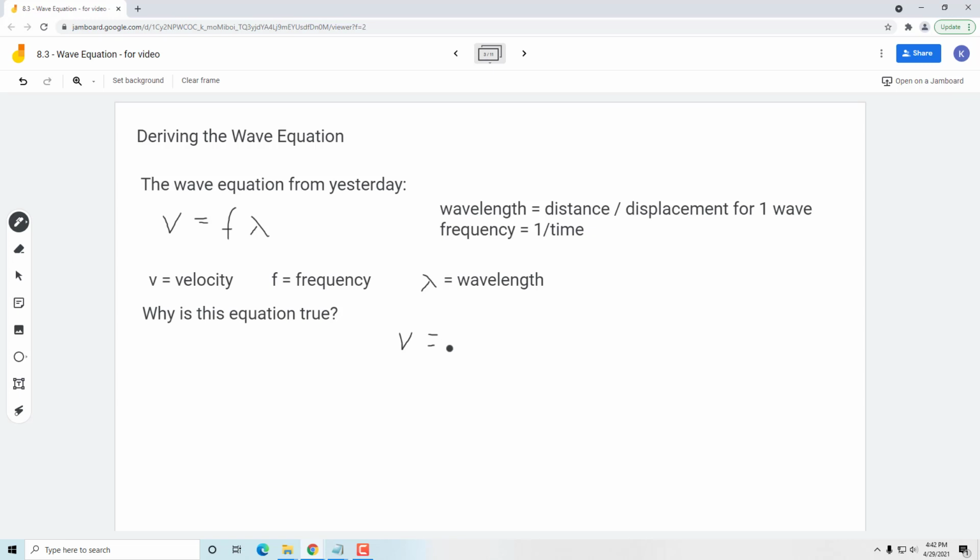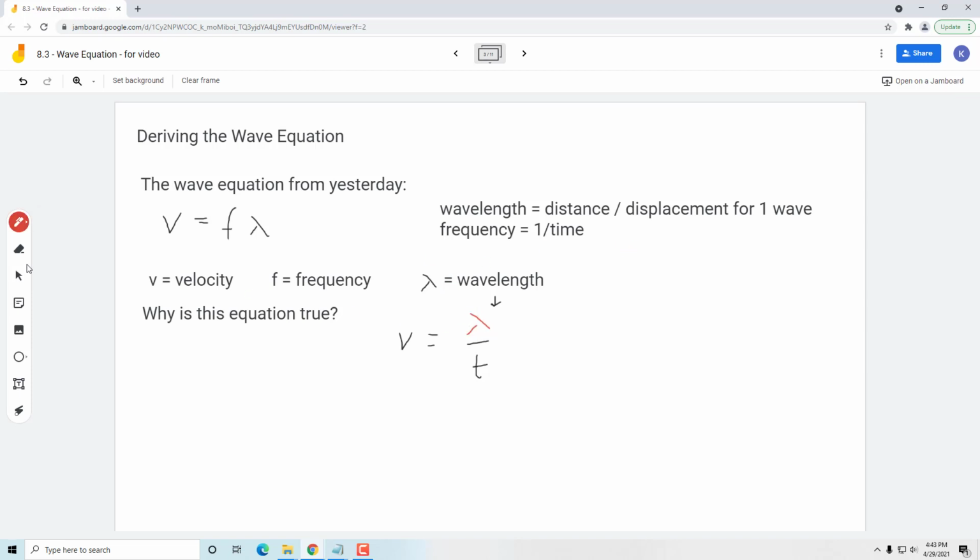We know that velocity is, let's say, distance over time, displacement over time, technically displacement, but it's how far it goes over time. Well, the wavelength is really the distance over one wave. Look at it that way.